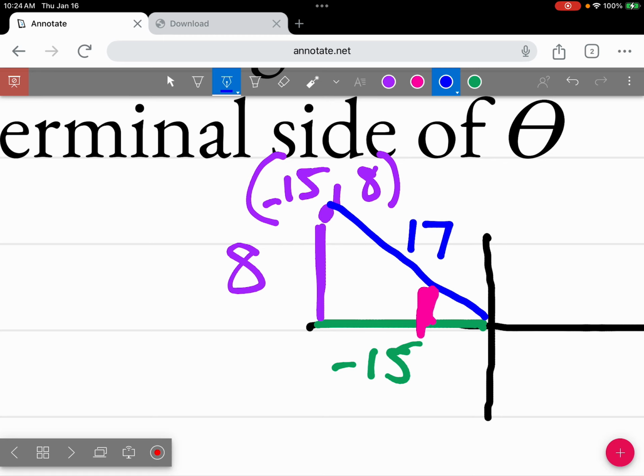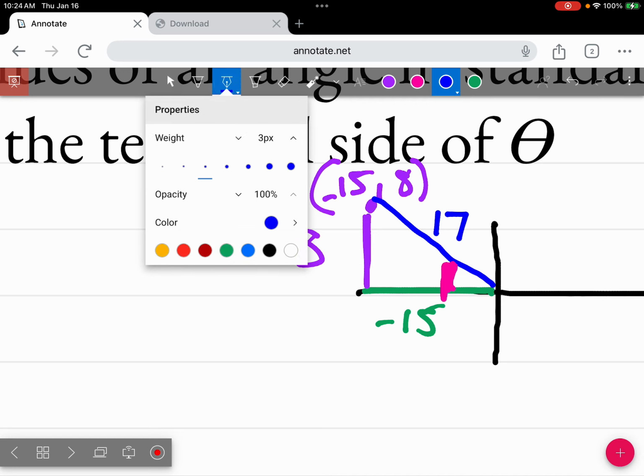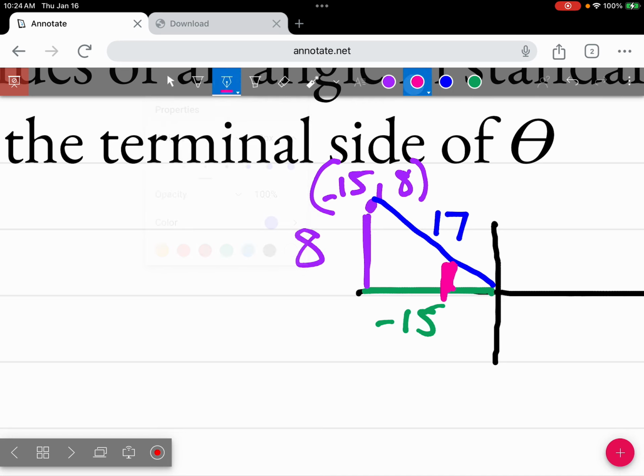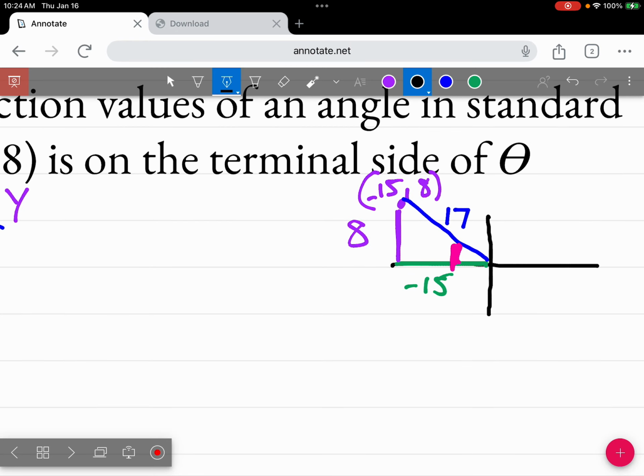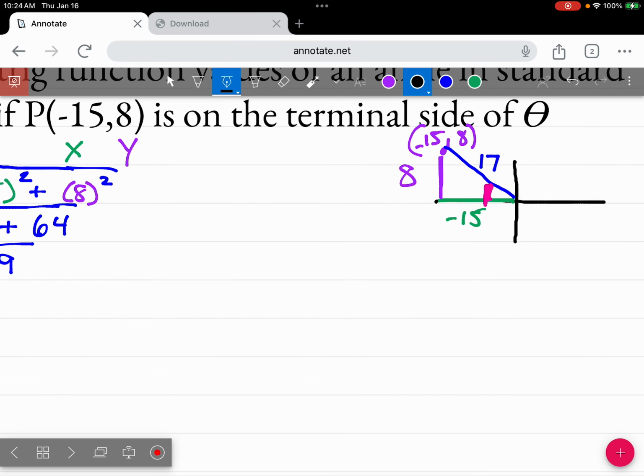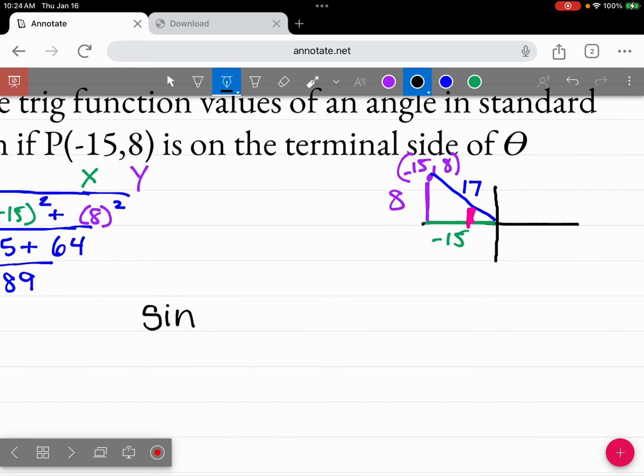Now we can get all 6 of our trig functions. We're going to get our sine, cosine, tangent, all that jazz. So we're going to find sine of theta, since that's what they called this angle in the story. If they don't tell you that, you can put sine of that point. I'm okay with that notation, totally fine, sine of p. I'm just going to put it as theta since they actually gave us that.